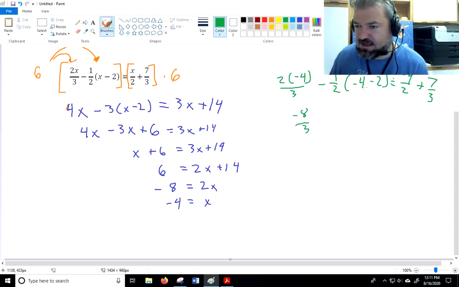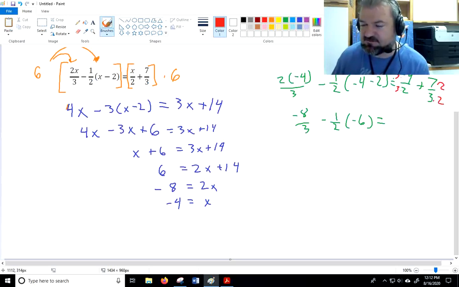And this becomes negative 6 times a negative 1/2. Okay, I'm going to go ahead and get like denominators here on the right since I know I'm going to need to. I'm going to multiply the top and bottom by 3 on this side and by 2 on this side. Notice we're getting that denominator of 6. That's the least common multiple appearing again.